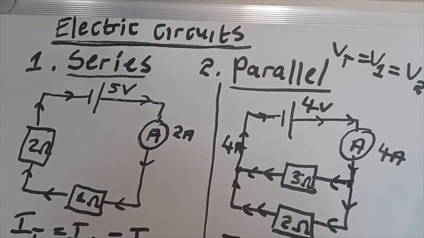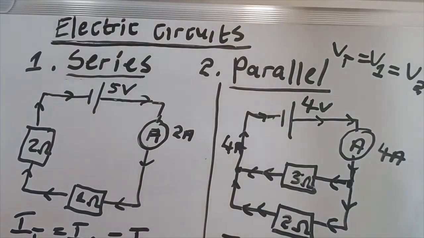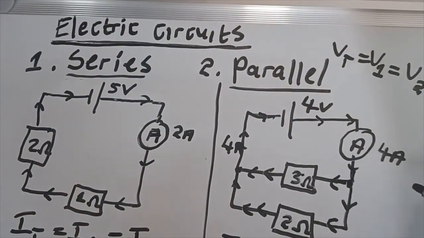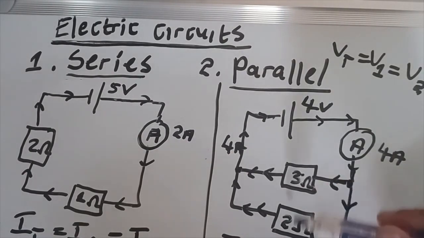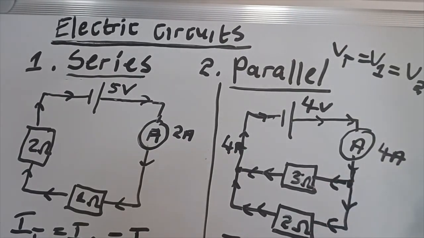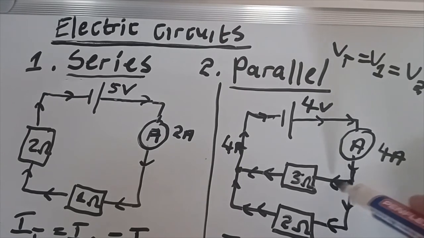Okay, so what about resistance? You want to see how we deal with resistance, so I'm going to do it here. The resistance here, because they are in parallel combination with each other, we're going to use the reciprocal. The reciprocal is also known as the opposite, since they share the current.